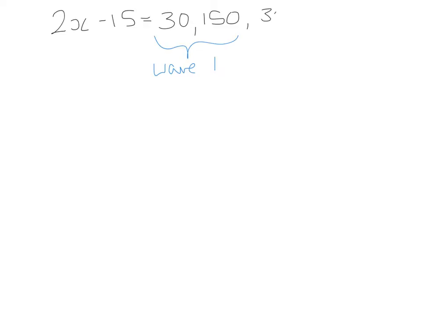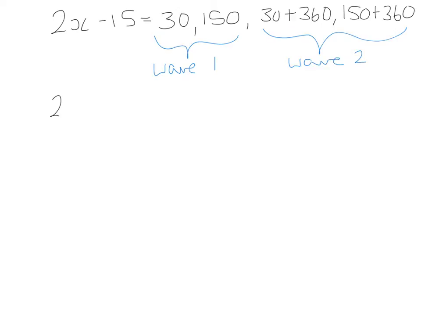It will be 30 plus 360 and 150 plus 360 for the values in the second wave. So what we have then is 2x minus 15 equal to 30, 150, 390 and 510.